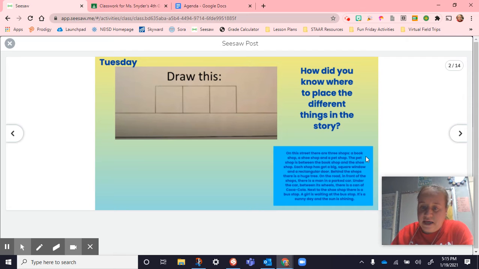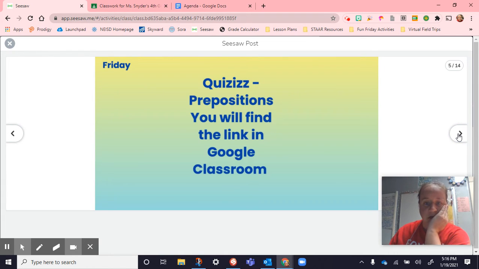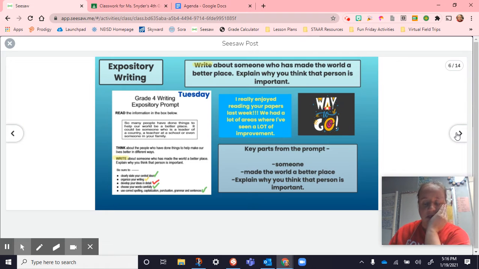And then if you move the text and you move this blue box, the drawing of what it could look like is below. So you can scoot that over and compare what you did with what was there. All right, so all of these yellow bluish papers, those are all about the prepositions.